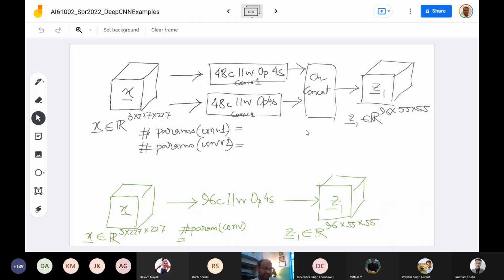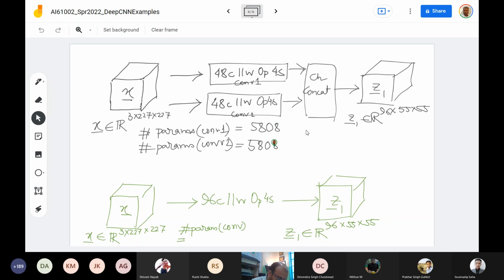So please tell me in the first case, what will be the number of parameters? 5808. This will also be 5808.